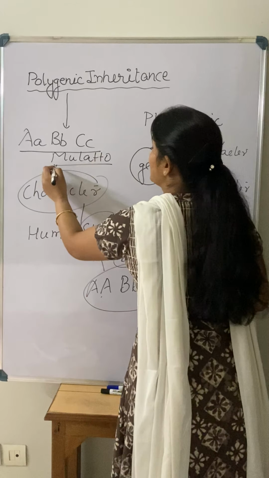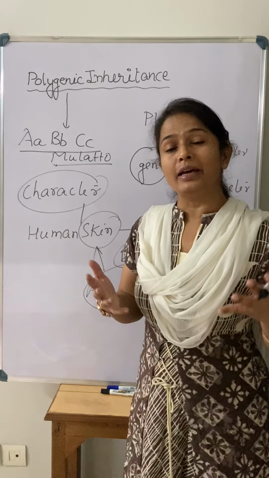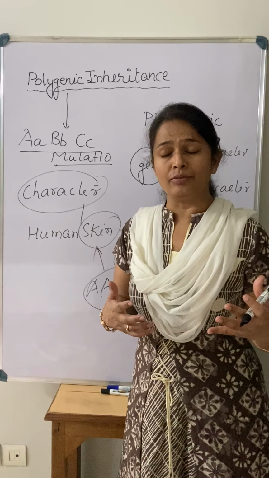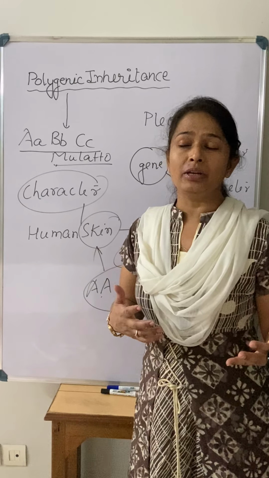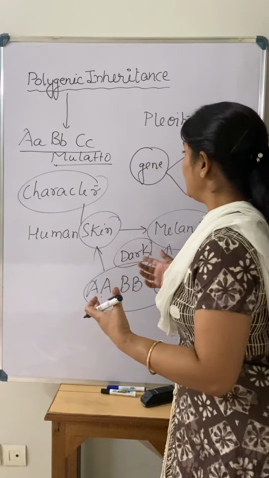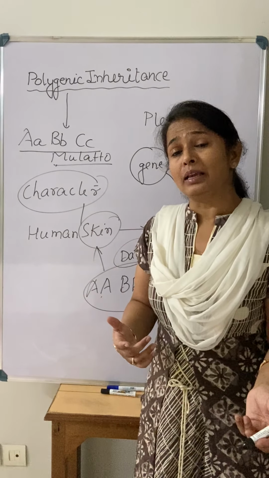So there is a possibility of different types. If you remember the dihybrid cross, in that we took just two pairs of contrasting traits, for example seed color and seed size, right? Here we are taking three genes for a single character.